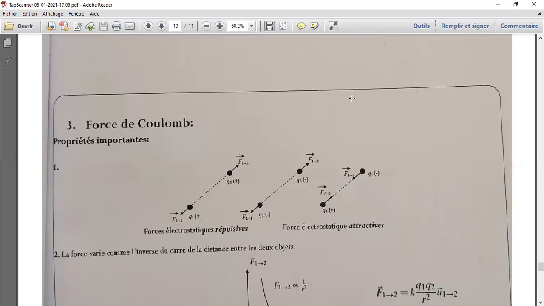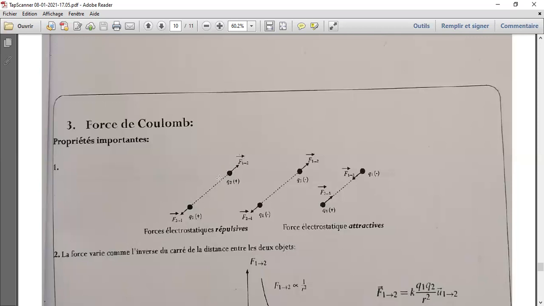So this is important in such a way that you'll be given a diagram, and maybe they tell you this particle is positive, the other particle is negative, and the other one is negative. You have to know how to draw the vectors, the lines for forces. It's really important.